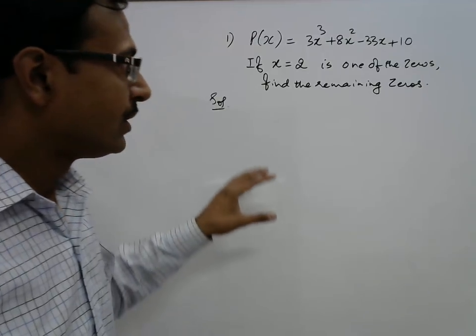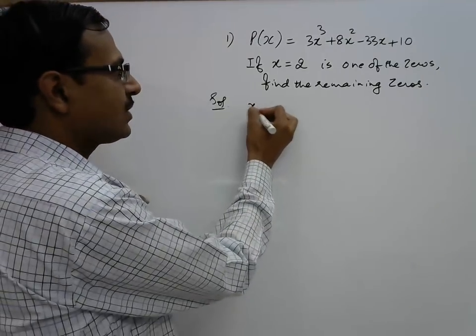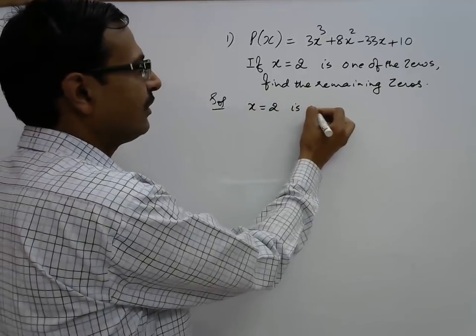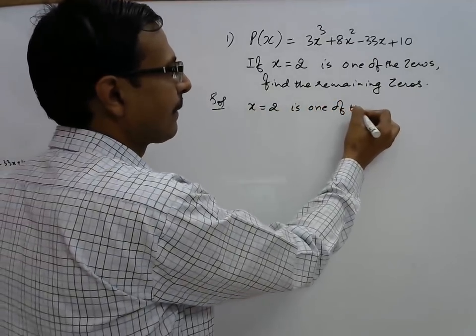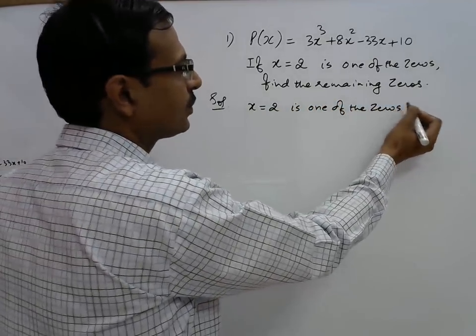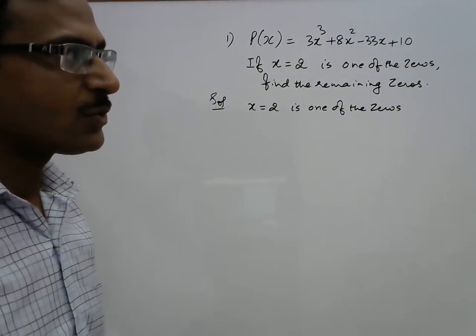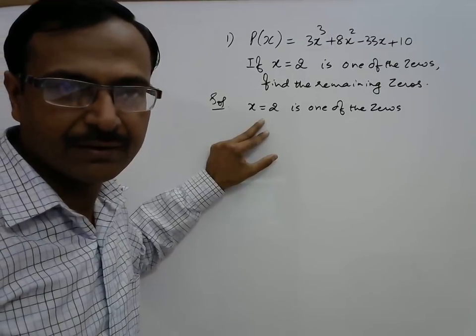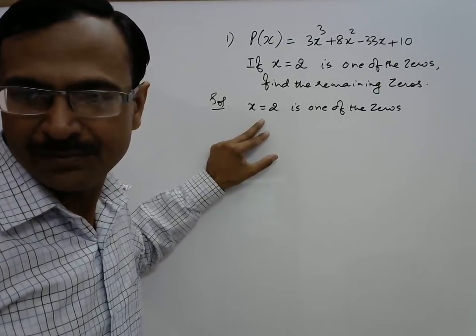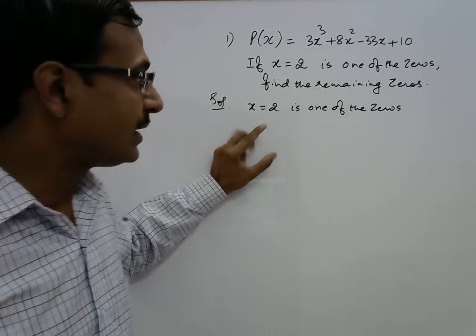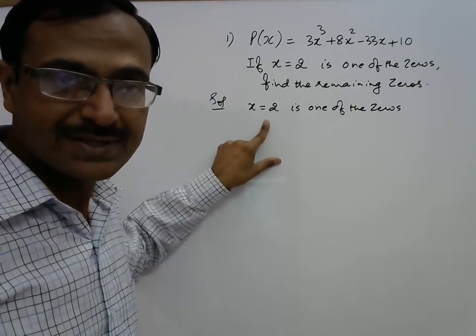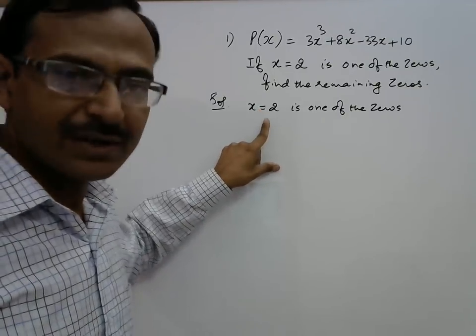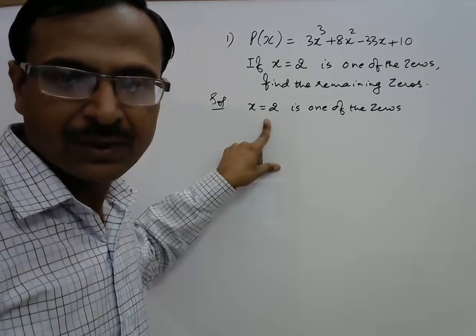So see, x equal to 2 is one of the zeros. It is already given that x equal to 2 is one of the zeros. So what we need to do is to convert this zero into a factor. This is the first step. We have to convert this zero, x equal to 2, into a factor.